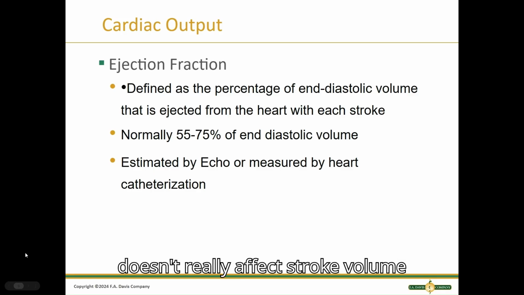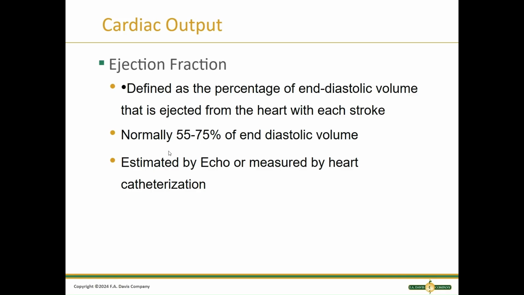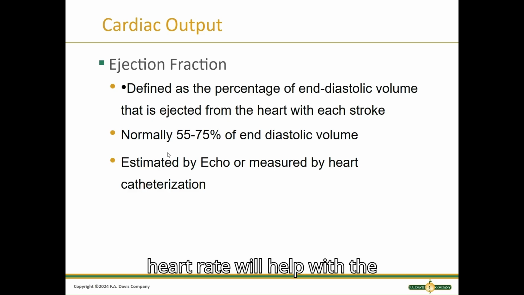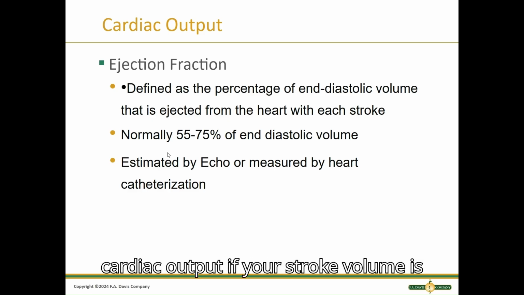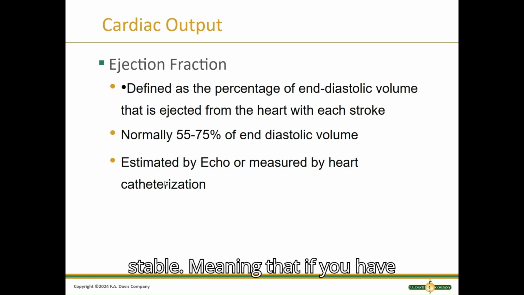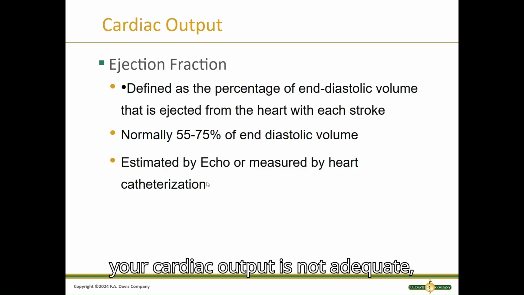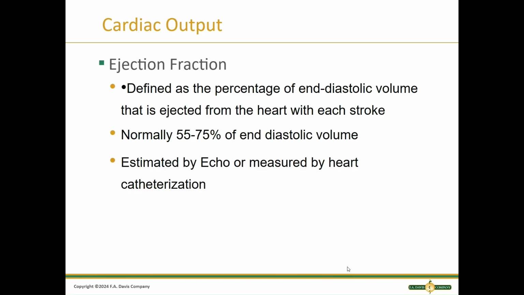And anything lower than 30%, you have a patient that is at high risk for ventricular dysrhythmias that can be life-threatening. We are able to estimate the ejection fraction by doing echoes or by measuring by a right heart catheterization.